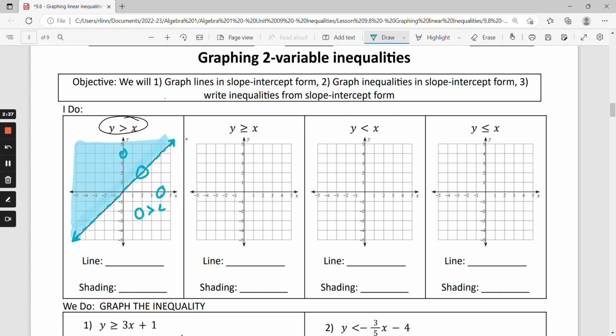Our x value is 4. 0 is not greater than 4, so we can see that all of those numbers below the line are not part of that solution. So when we're graphing a greater than symbol, such as y is greater than x, we're going to have a dashed line, and the shading is going to be above the line.